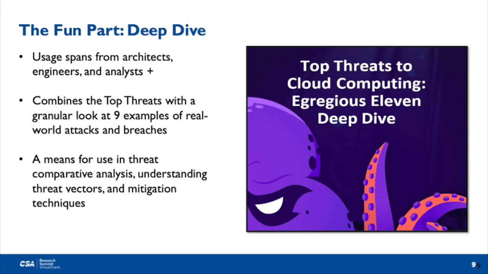So what the deep dive does is take the top threats, and from there we took 9 examples of real-world attacks and breaches and cross-compared them to each of the egregious 11 breaches to see how many took place at each breach itself, if that makes sense. And we'll take a look at that here shortly. It's a means for threat comparative analysis, understanding your threat vectors, and finding mitigation techniques.